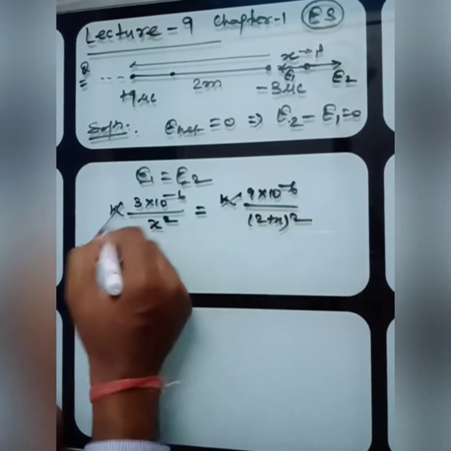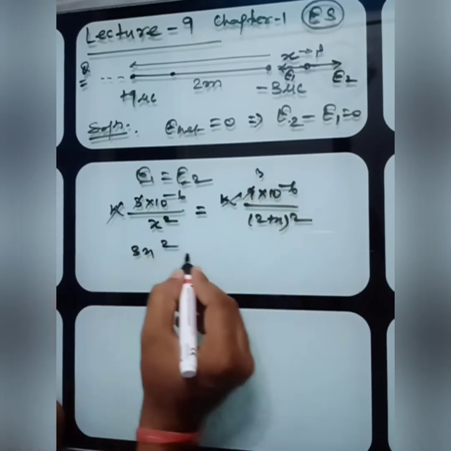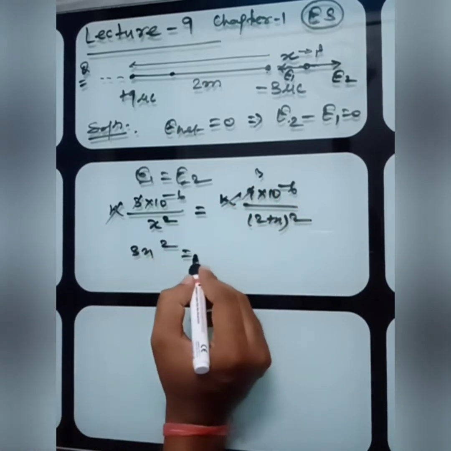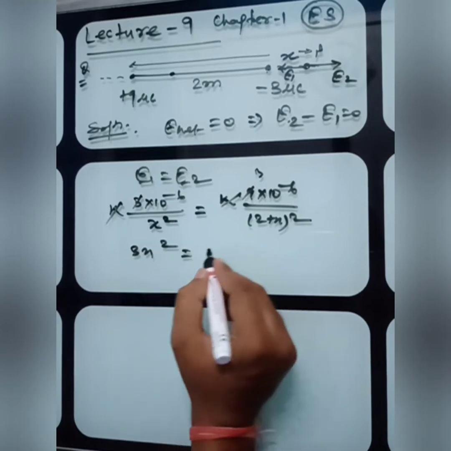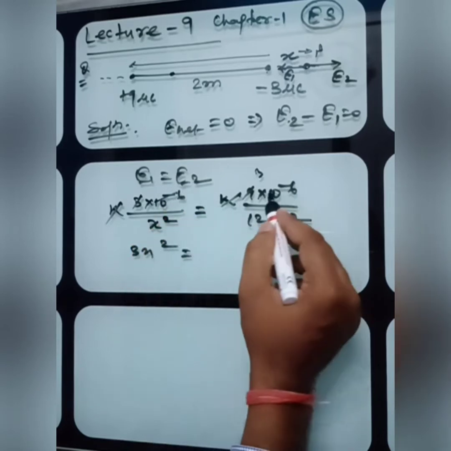Now cancel out this k. 3 is to 9, so 3x square is equal to 2 plus x square, and the 10 power minus 6 will also cancel out.